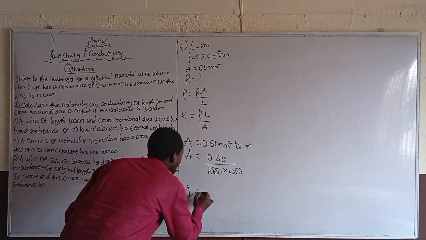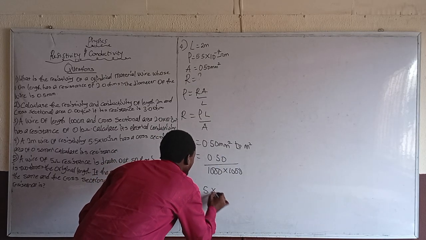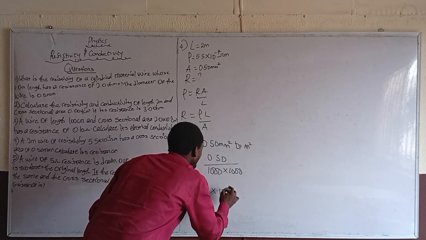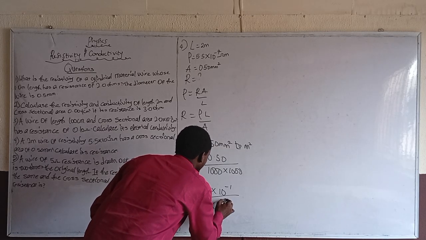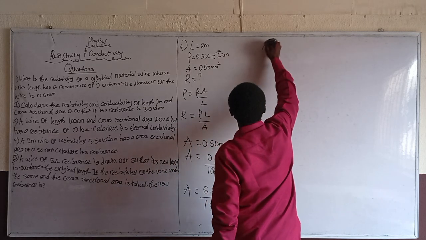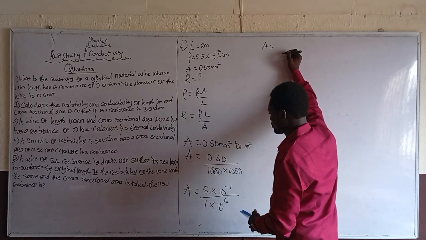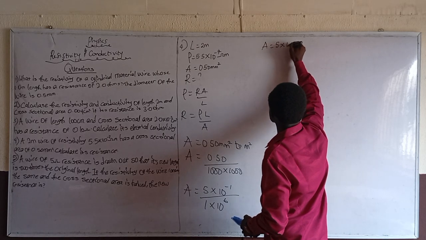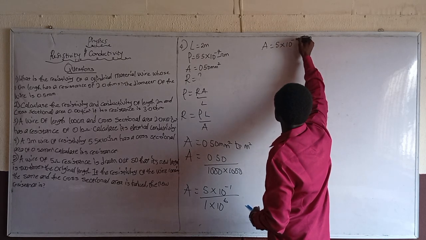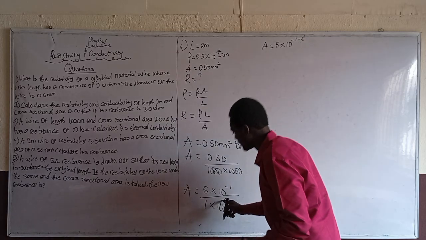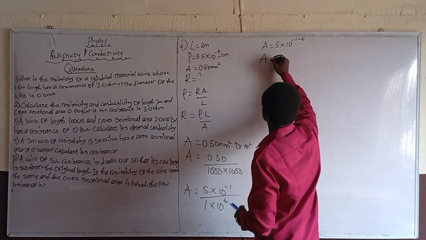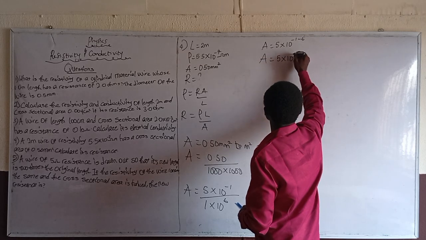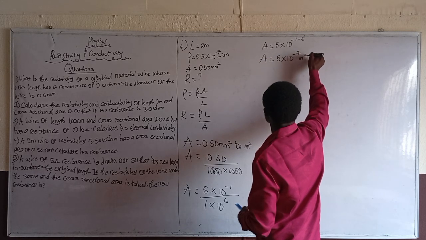So my area here becomes 5 times 10 raised to power minus 1 divided by 1 times 10 raised to power 6. So the area becomes 5 times 10 raised to power minus 1 minus 6. This plus, breaking it up becomes negative. So the area becomes 5 times 10 raised to power minus 7 meter square.